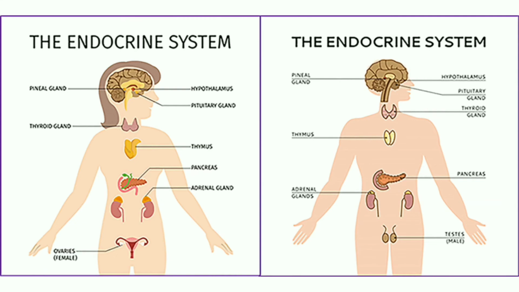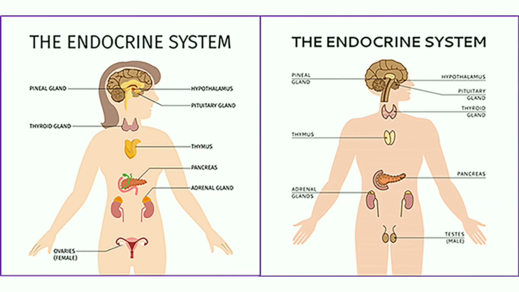Next to it we find the adrenal glands, both kidneys having the adrenal glands at their top, and that's why these glands have another name, suprarenal glands. Next, we move to the gonads. The females have ovaries, whereas the males have testes.